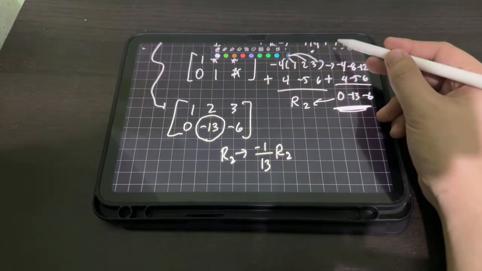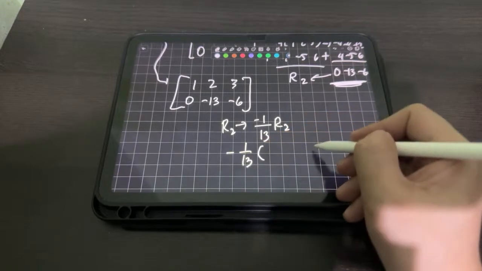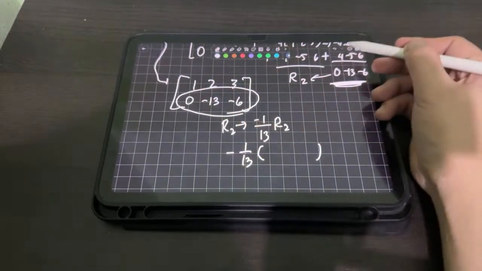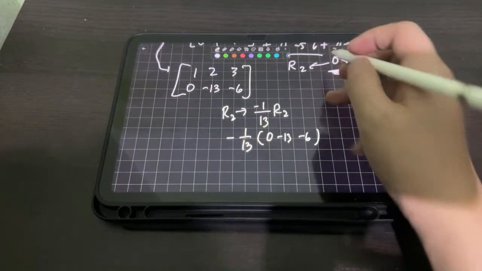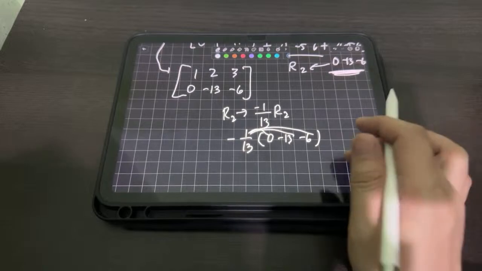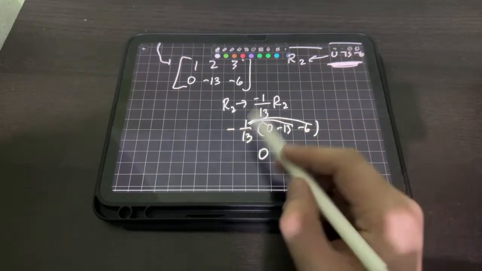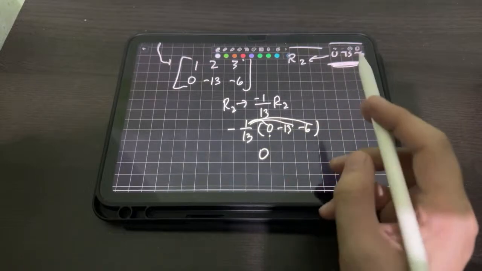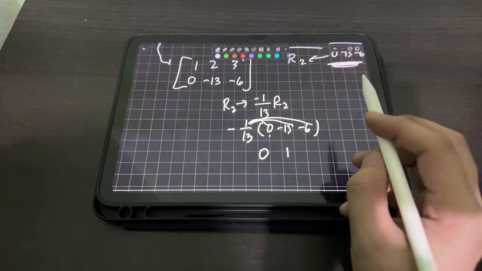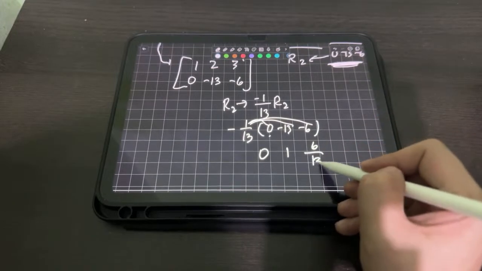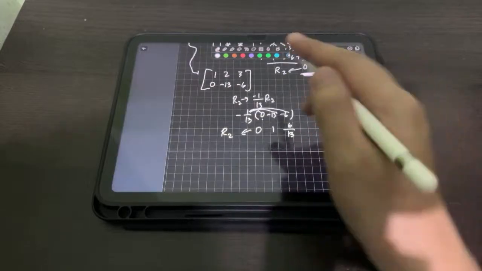So we will multiply negative 1 over 13 to every entry in row 2, 0, negative 13, negative 6. Distribute this negative 1 over 13. Negative 1 over 13 times 0, 0. Negative 1 over 13 times negative 13, positive 1. Negative 1 over 13 times negative 6, positive 6 over 13. So this will be the new entries in row 2.